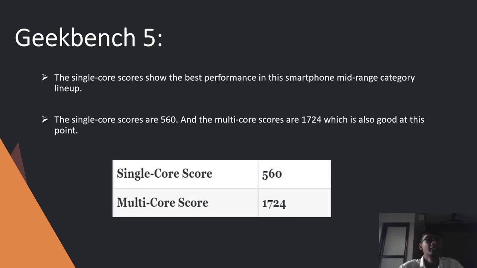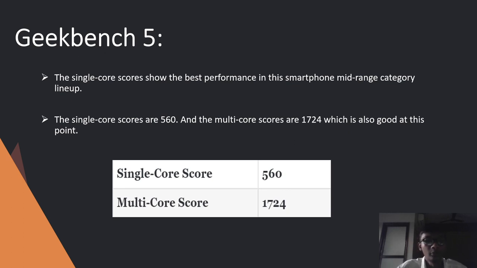Then Geekbench 5 is also a benchmark. So what is Geekbench 5? Geekbench is a processor benchmarking program. Like other CPU benchmarks, Geekbench runs a series of tests on a processor and times how long the processor takes to complete the task. The quicker the CPU completes the test, the higher the Geekbench scores.